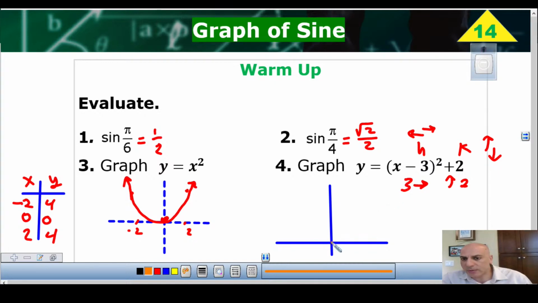So instead of starting at 0, 0 at the vertex, you go 1, 2, and 3, and you go up 1 and 2. Basically, your curve is going to be here. Your function is going to be here. You moved to the right 3, and you moved up 2.